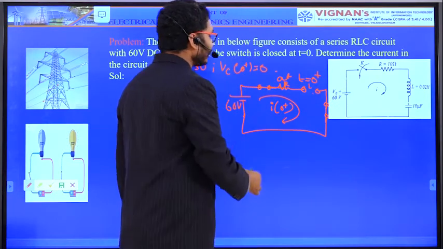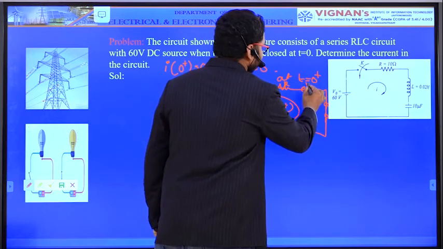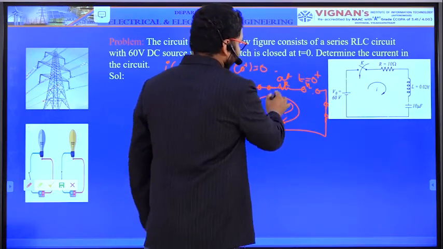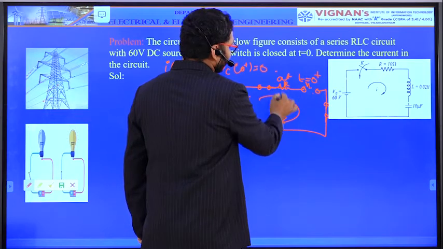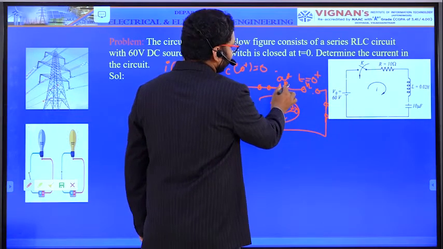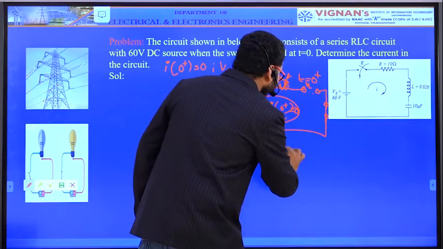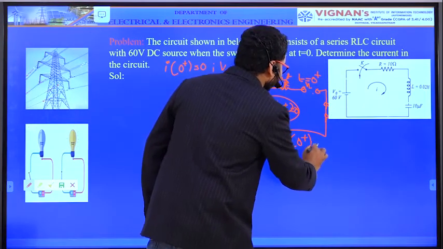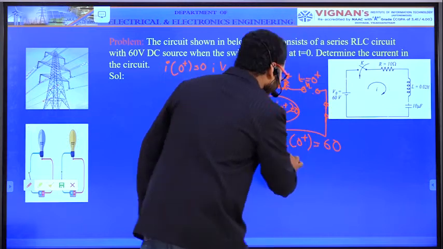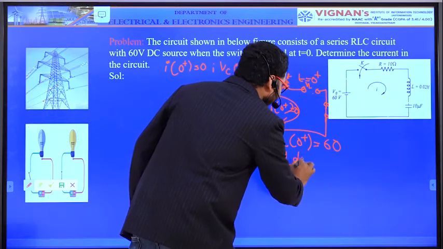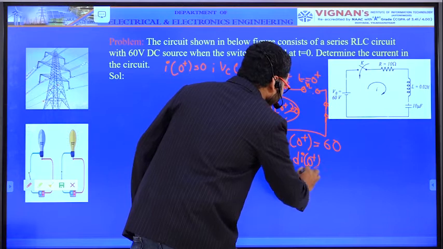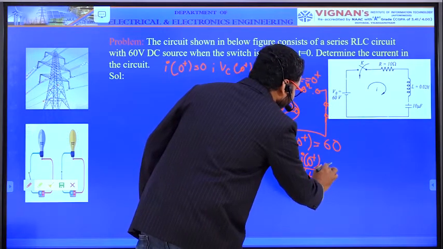Now if you apply KVL here, the voltage drop across the resistance is 0, because the current is 0. The capacitor is a short circuit. It means VL(0+) equals 60 volts. VL(0+) means L di(0+)/dt, which equals 60 volts.